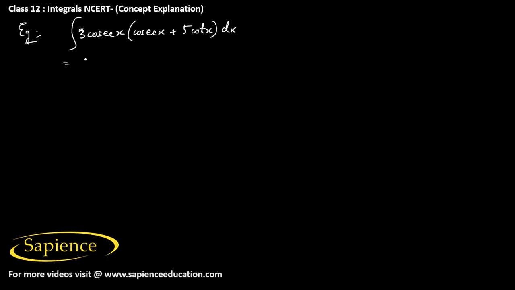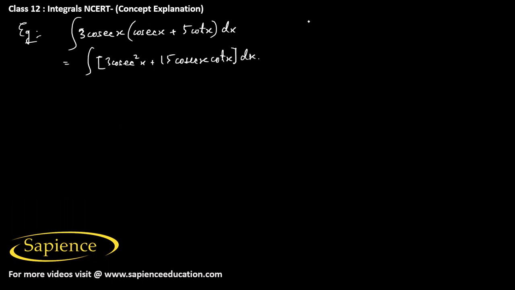So then we can write it as integral 3 cosec square x plus integral 3 into 5 is 15, sorry. First we can write this as 3 cosec square x plus 15 cosec x cot x into dx.